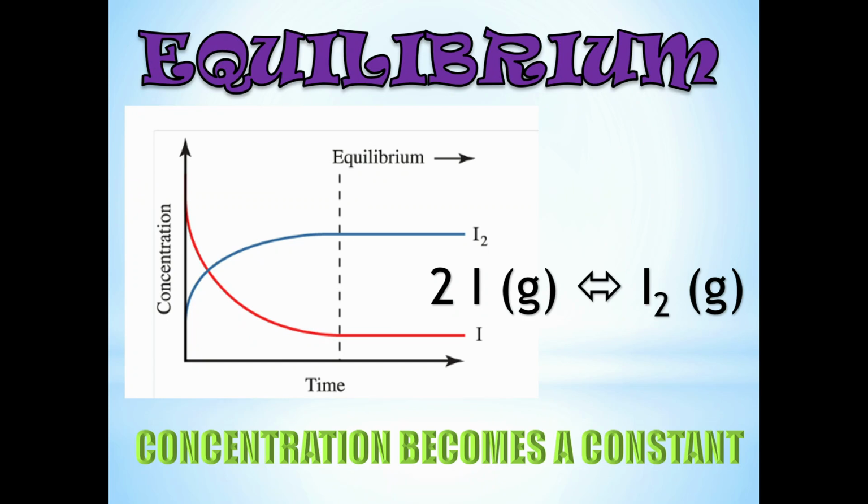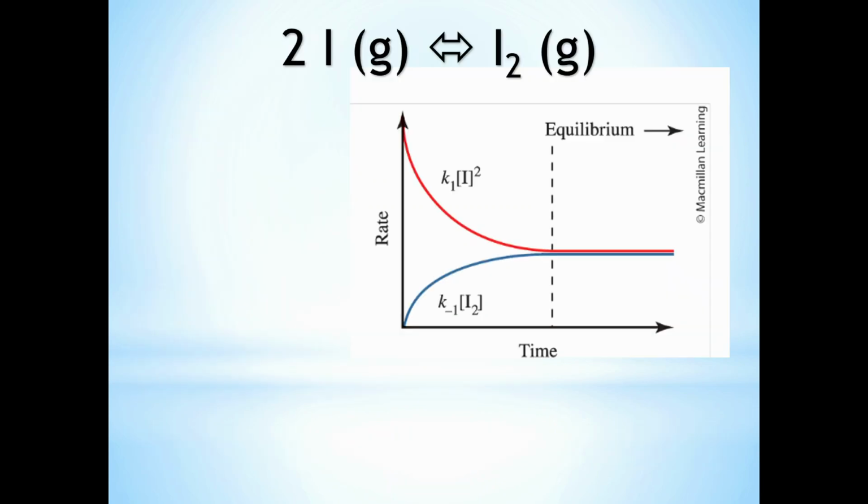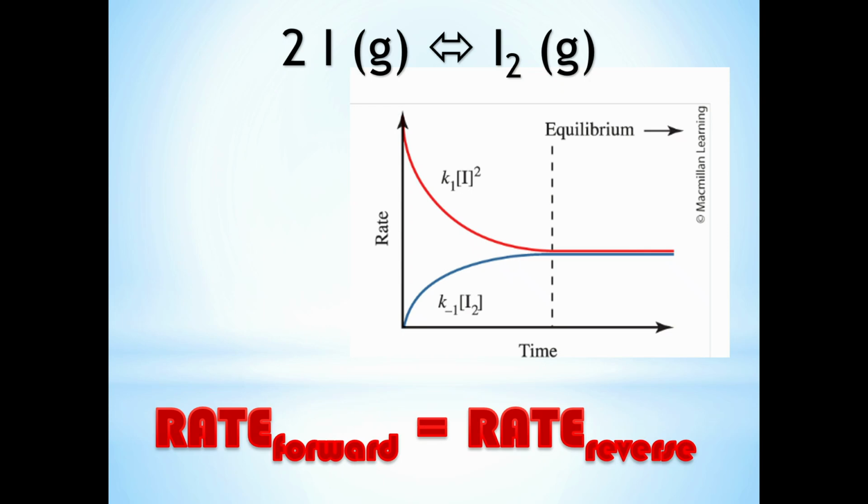And they will be a constant forever if I don't touch that reaction. And this is what happened. The two rates became equal. So the rate forward equaled the rate reverse.